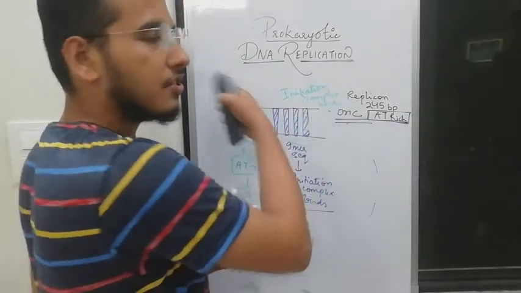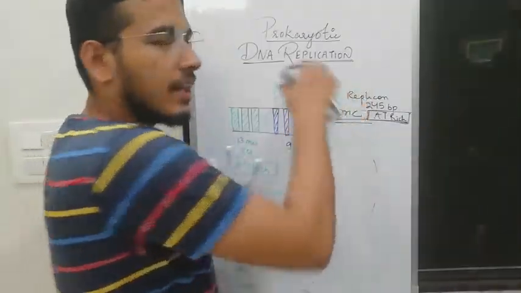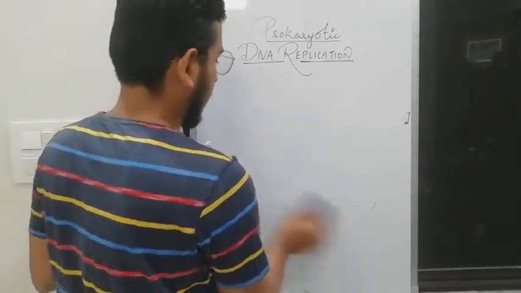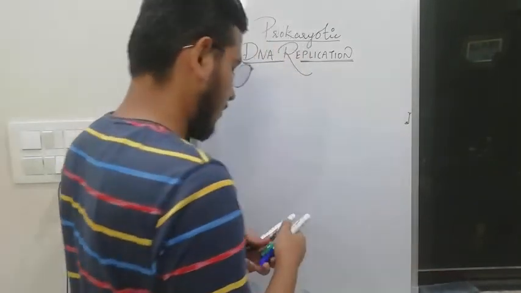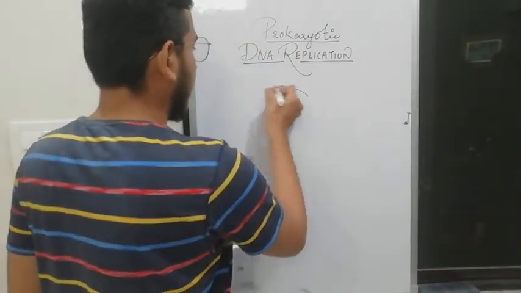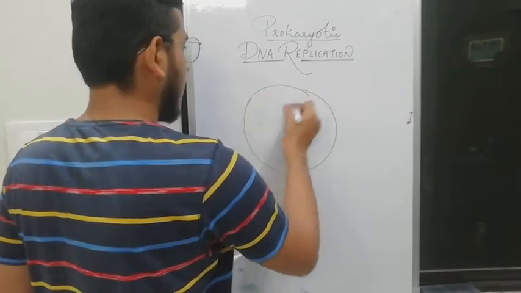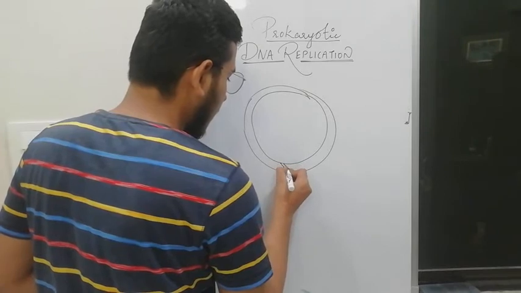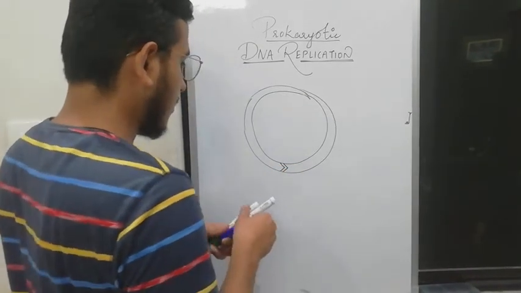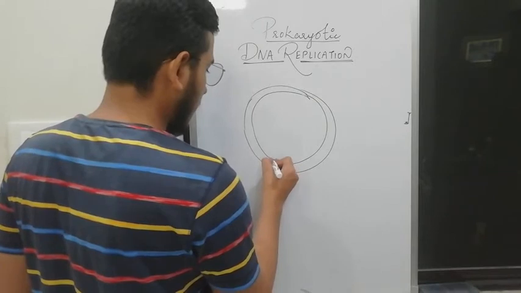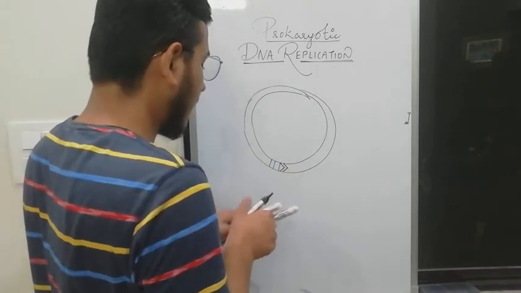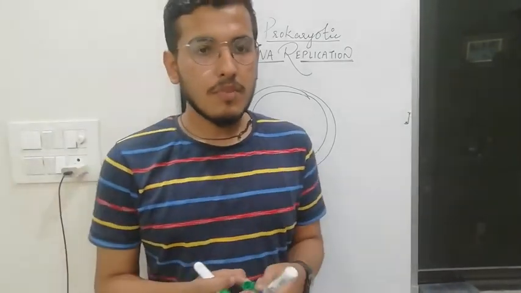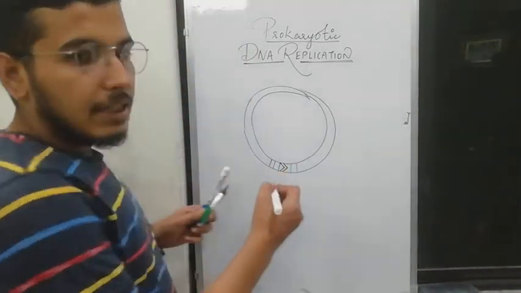Now this is for initiation and elongation from here. Something there should be terminating. So there are termination sequences in the DNA. Let's take this circular DNA. These are the termination sequences.